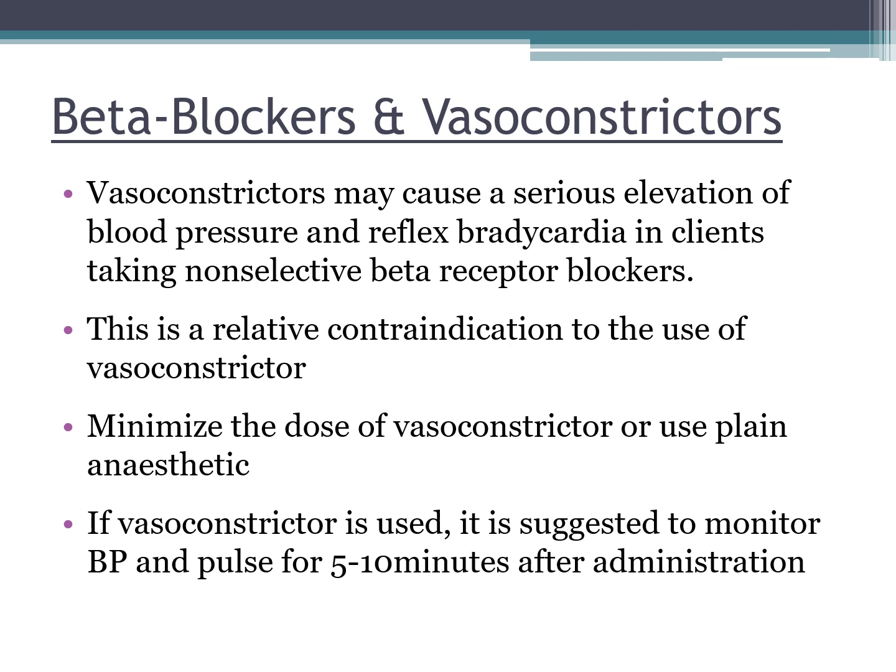So, if a patient is taking beta blockers for hypertension or thyroid, you need to minimize the dose of vasoconstrictor or use a plain anesthetic. If a vasoconstrictor is used, they do suggest that you monitor the blood pressure and pulse for 5 to 10 minutes after administration.